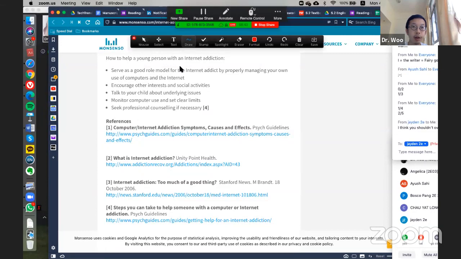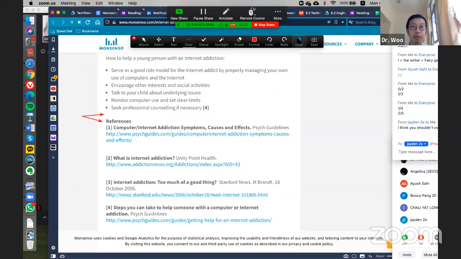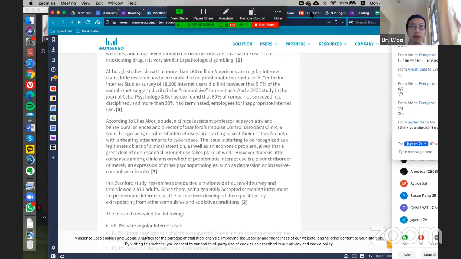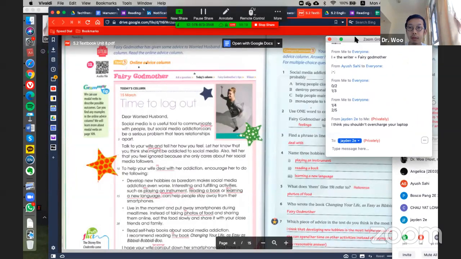What is this section? I don't actually see who the writer is at the bottom of the letter. So this doesn't actually seem like an online advice column, at least in the way that we're learning about online advice columns. Okay, so this actually looks a lot different from this. So I'm going to say 2 out of 6.